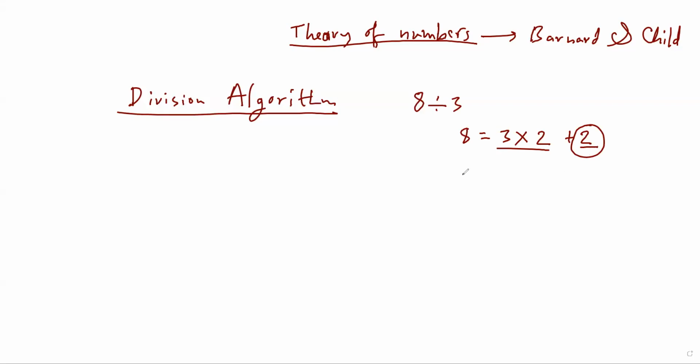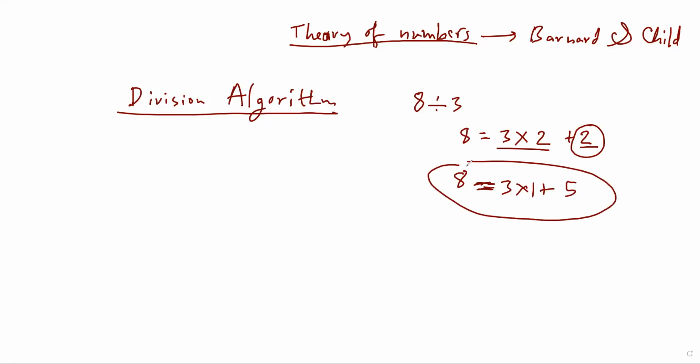And one could write 8 is just 3 times 1 plus 5. This statement here is correct, but we do not call this a remainder, because generally we expect that the remainder is going to be less than the divisor, right?